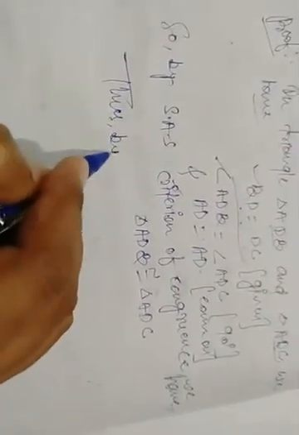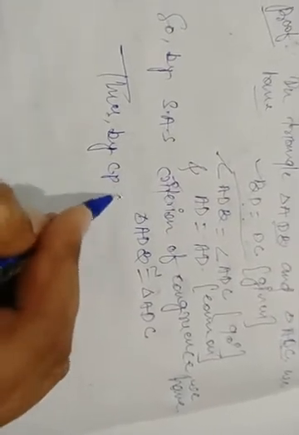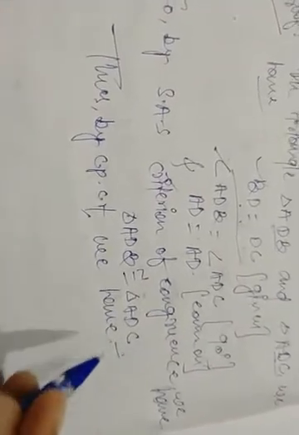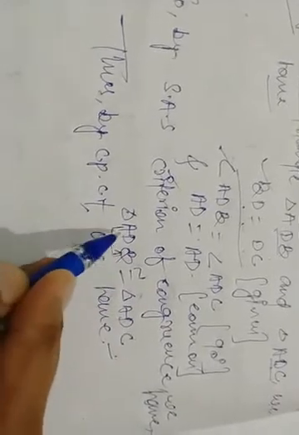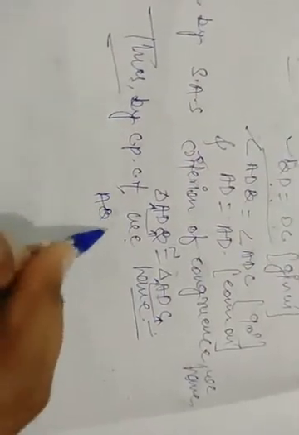Thus by CPCT we have AB is equal to AC. That is proved.